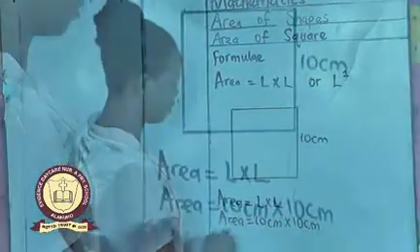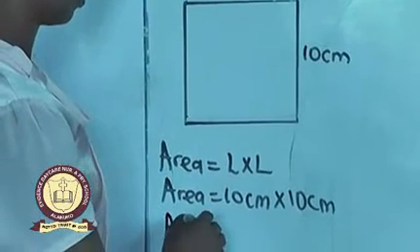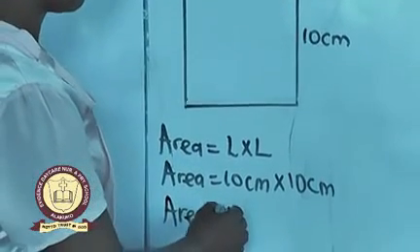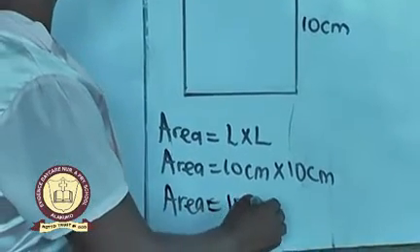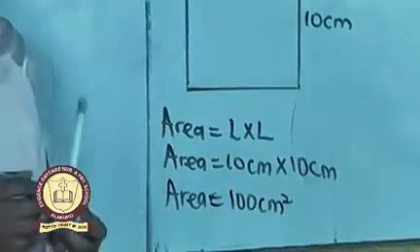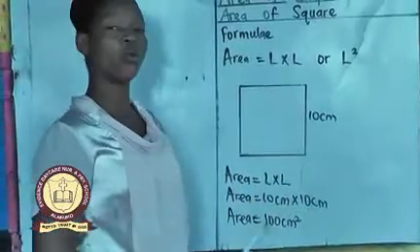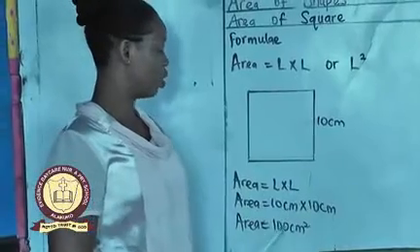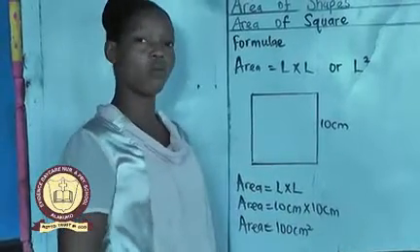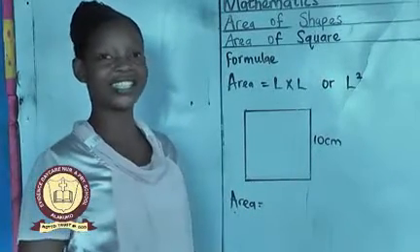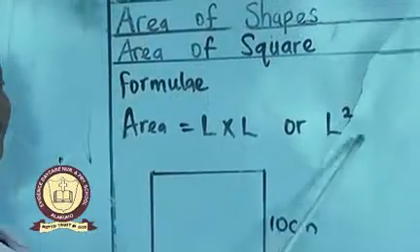The area of this shape equals 100 centimeter square, because we have two square here, and 10 times 10 will give you 100 centimeter square.